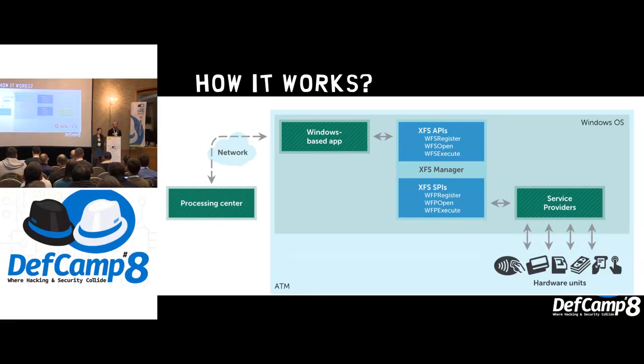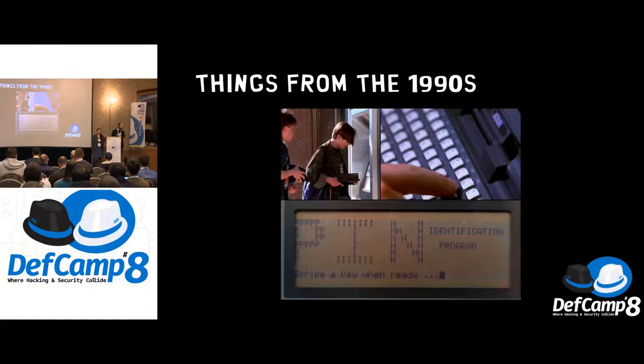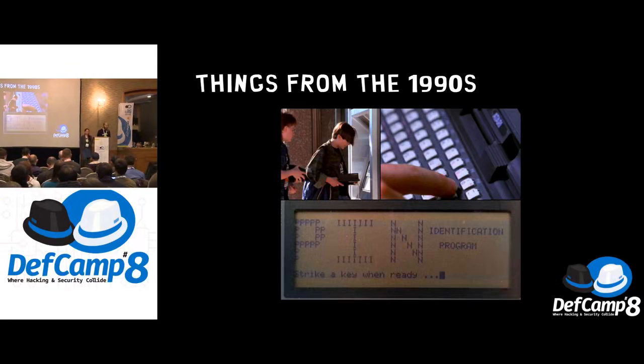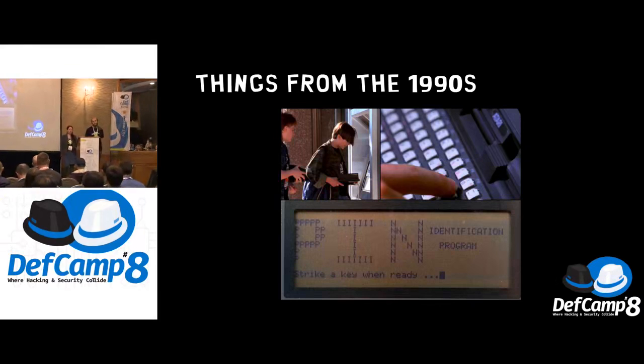And if you connect your ATM machine to a computer, all devices will be detected as USB devices, and you can issue arbitrary commands to any of the devices. These things are from the 90s, and the security inside these ATM machines is not pretty good. This is often the case when we are asked, you're saying that ATM machines are all vulnerable, they have different problems, hackers can do different stuff with them.